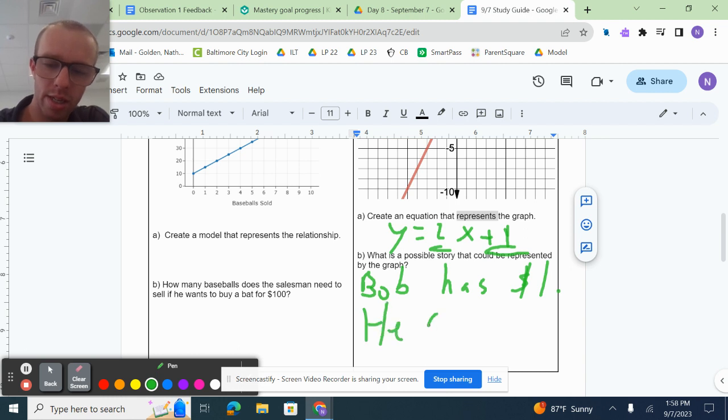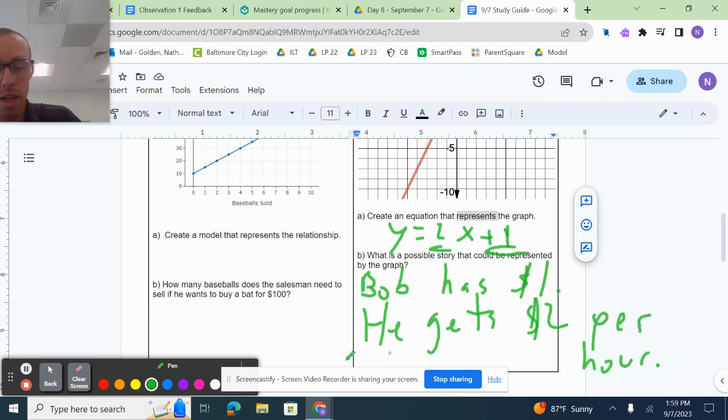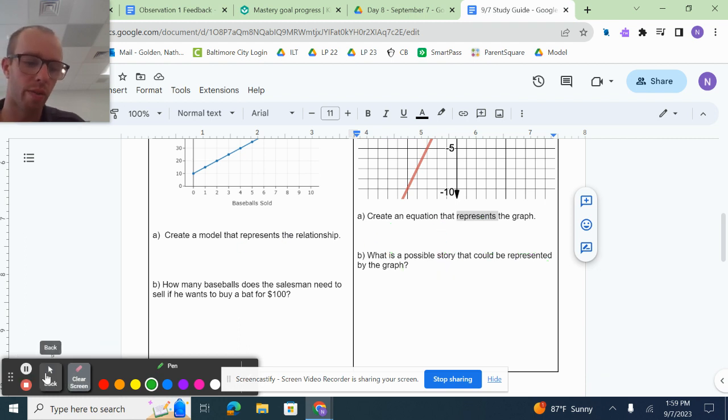He gets $2 per hour. All right? It's the same thing as shown in the graph. Something starts at 1, it's changing by 2. It's shown in the equation. In the story, Bob has $1, he's changing by 2. They all show the same thing, just in a different format.